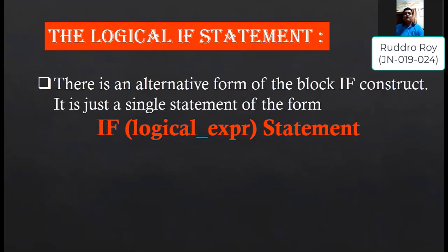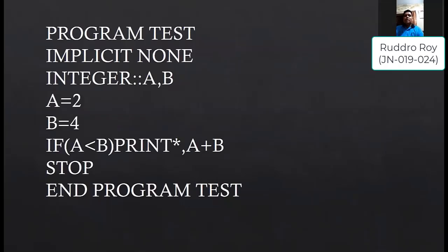If the logical expression is false, then the program skips the statement and starts to execute after the logical if statement. This form of logical if is equivalent to a block if construct with only one statement in the if block.